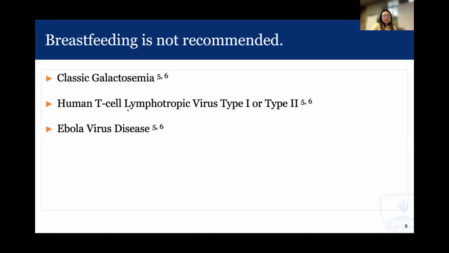High-risk pregnancies where breastfeeding was not recommended were for infants with classic galactosemia, human T-cell lymphotropic virus type 1 and type 2, and Ebola virus. In cases of human T-cell lymphotropic virus type 1 or type 2 and Ebola, breastfeeding was not recommended in order to decrease the risk of transmission of the virus to the infant through the breast milk.